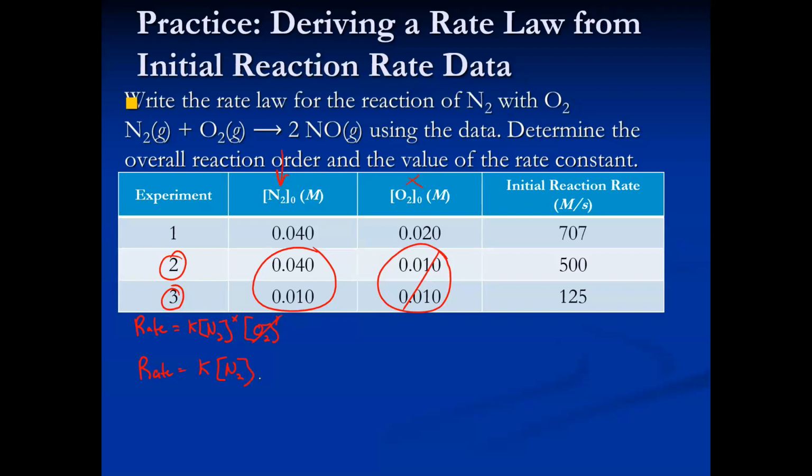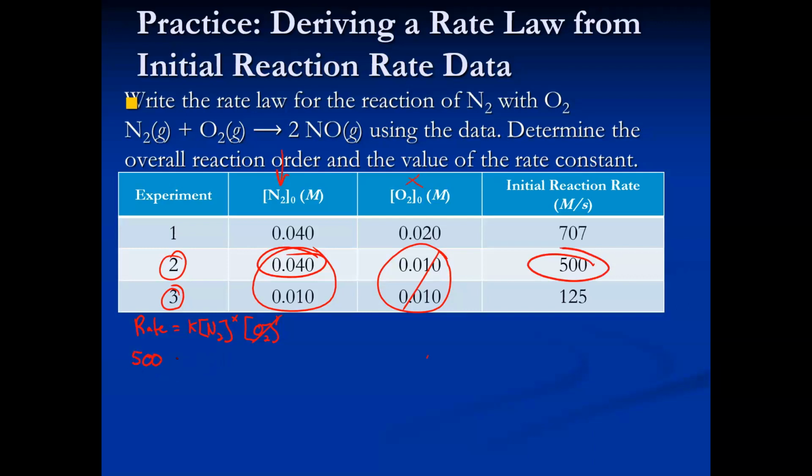So we're just going to use two of these. For time, I'm just going to do it like this. So our rate for experiment 2 and 3: 0.04 equals k times N2 to the X. Sorry, I wrote it backwards.